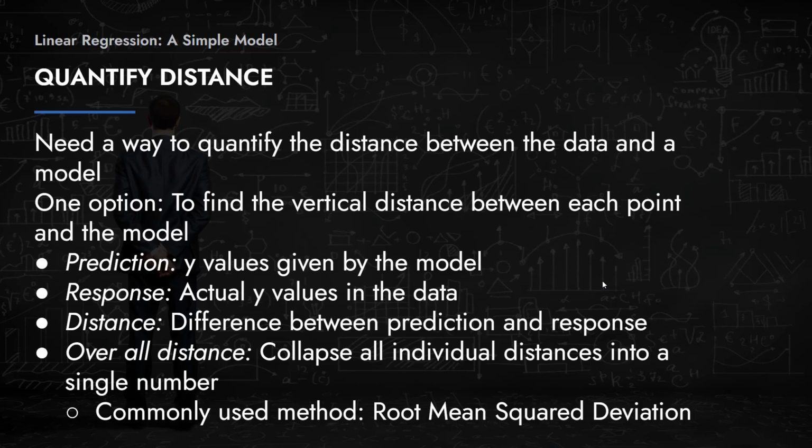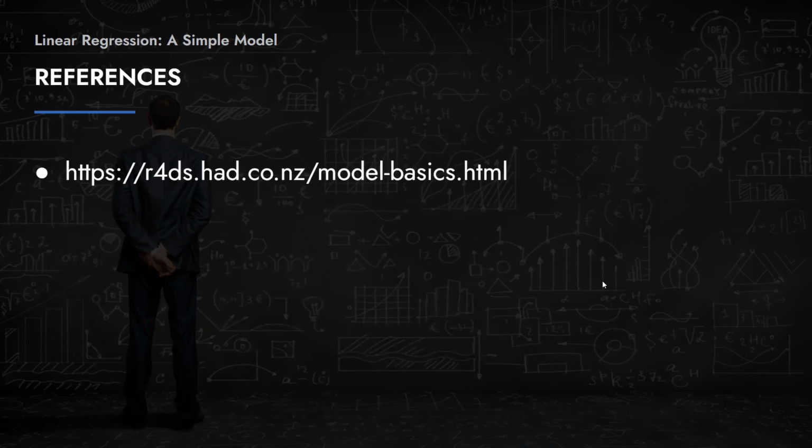So you get the distances between all the individual points of the prediction and the response, and then you plug it into this root mean squared deviation formula, and it collapses it all down into a single number. And the bigger the number, the farther away or the less accurate of a description the model is, and the smaller the number, the more accurate it is. So you want to try to minimize this number to find your fitted model.